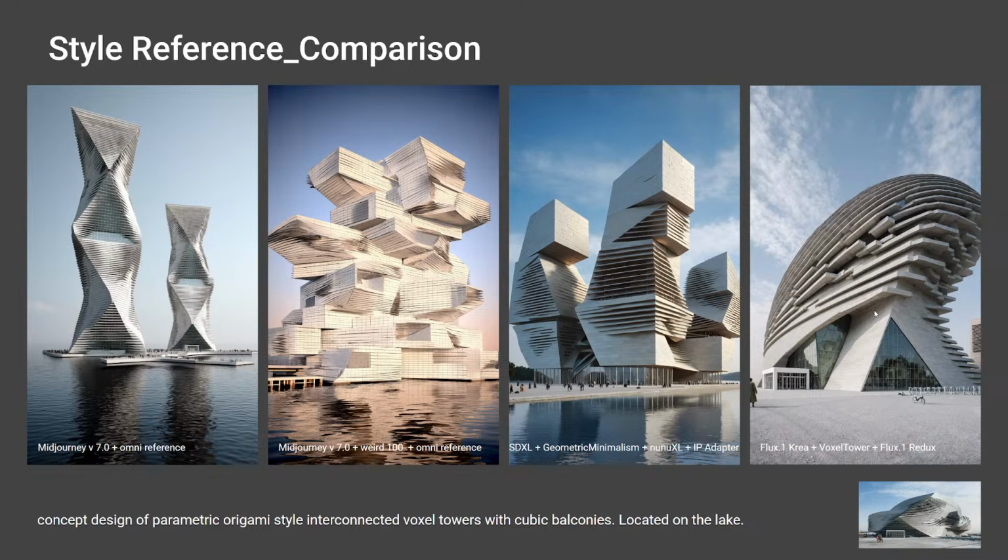In this comparison, here are 3 different models, 2 images from Midjourney with different parameters, and to provide a style reference you need to use the Omni reference function in Midjourney, and this is my prompt. Basically I would say this is a nice result. It's kind of a skyscraper, and you can see exact elements from your image input.